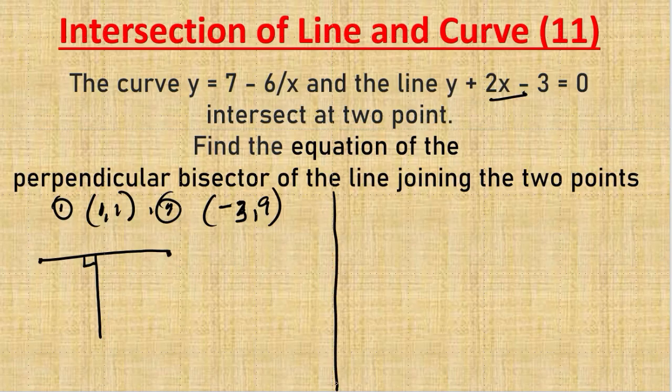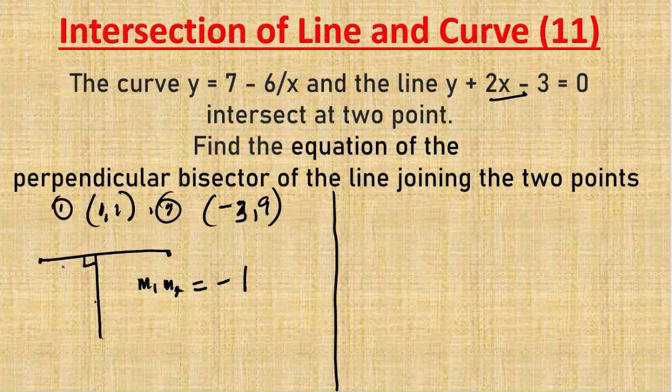First, for this line to divide the other line perpendicularly, m1 times m2 must equal minus 1. That means the gradient of this perpendicular line and the line joining these 2 points, multiplied together, must equal minus 1.